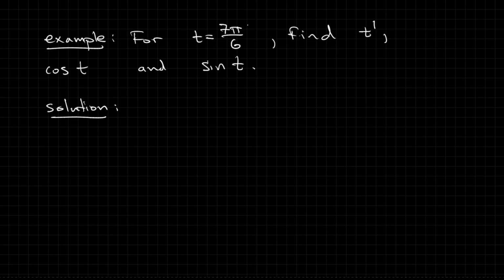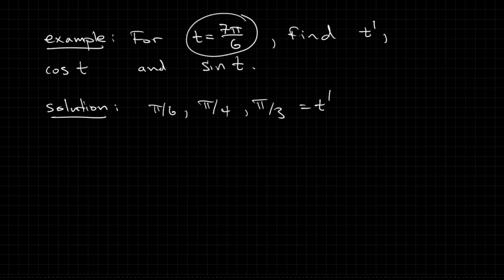In general, if you have some angle and you need to find the cosine and sine of that angle, then if that angle has a reference angle for which you know the terminal point, so if the reference angle is pi over 6, pi over 4, or pi over 3, you'll be able to use this reference angle technique to evaluate cosine t, to evaluate sine t, and also to find the terminal point in general of the angle that you're working with, in this case 7 pi over 6.